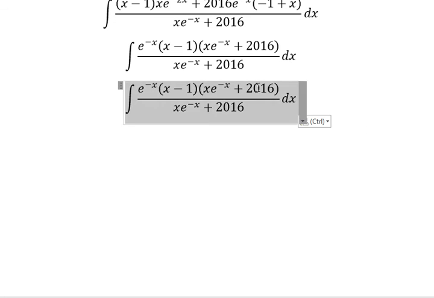So this one divide this one, and now you just have only this one in here.